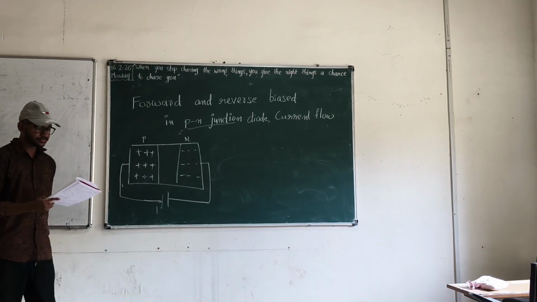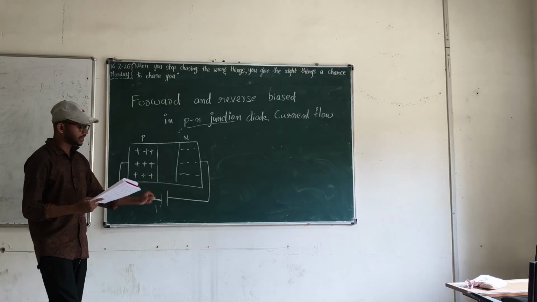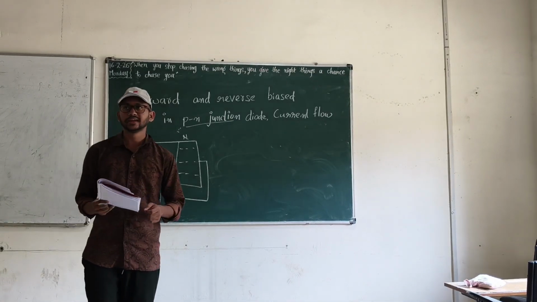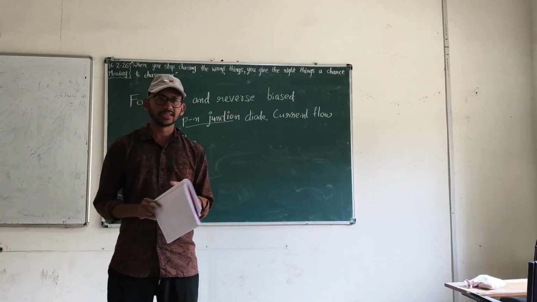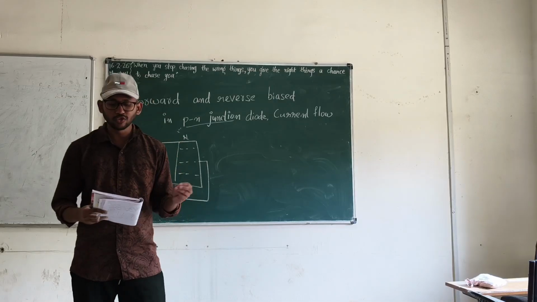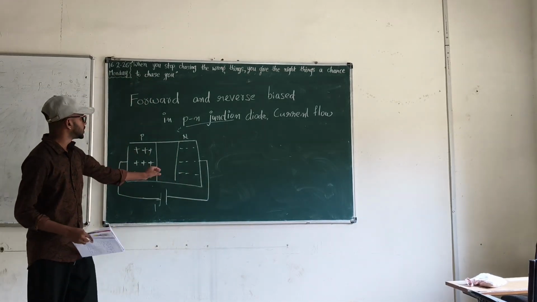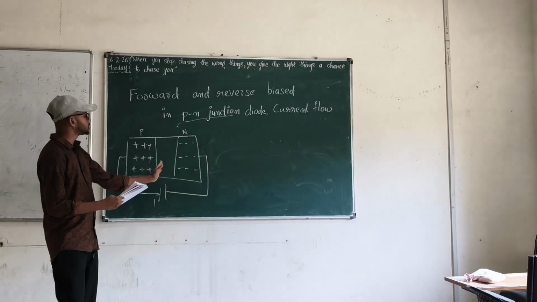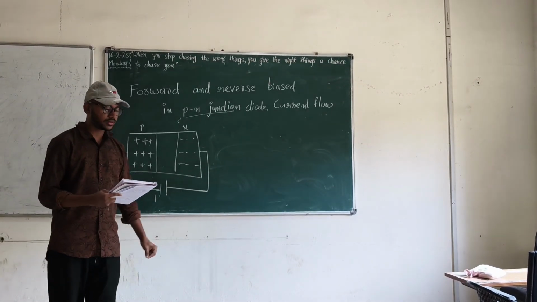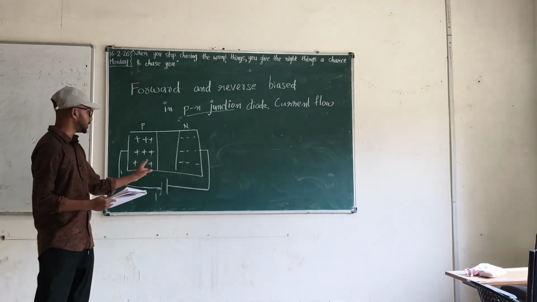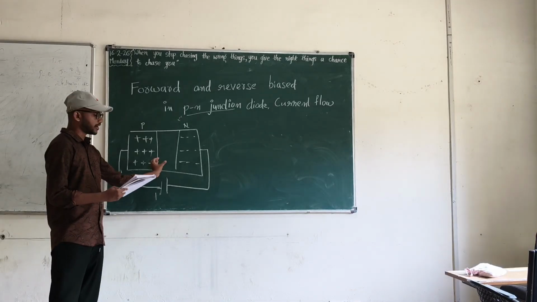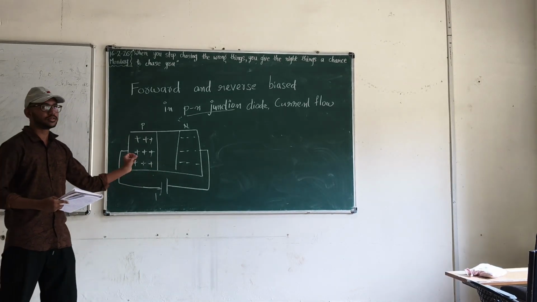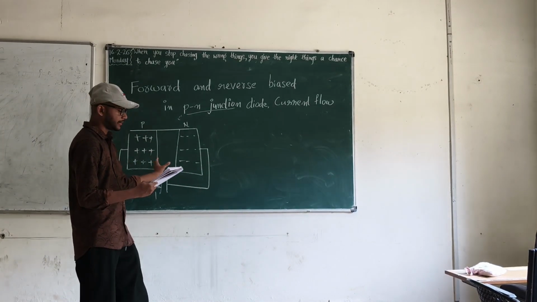In reverse bias, the external electric field supports the internal electric field of this junction, and holes are pulled away from this junction, and electrons are also pulled away from the junction. And what happens? This depletion region becomes widened.